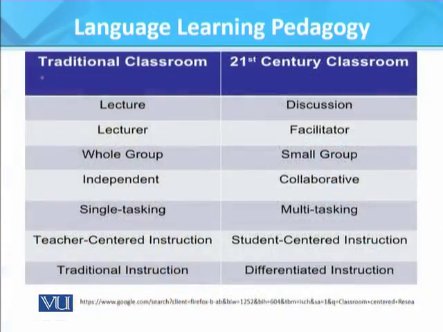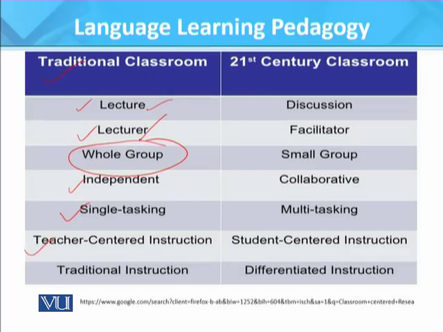So based on that, we see the traditional classroom has the lecturer. The lecture is given. It's one way of imparting information and knowledge, and the lecturer does that. The group is a whole group. Everybody is there. Independent learning is there. Single tasking.